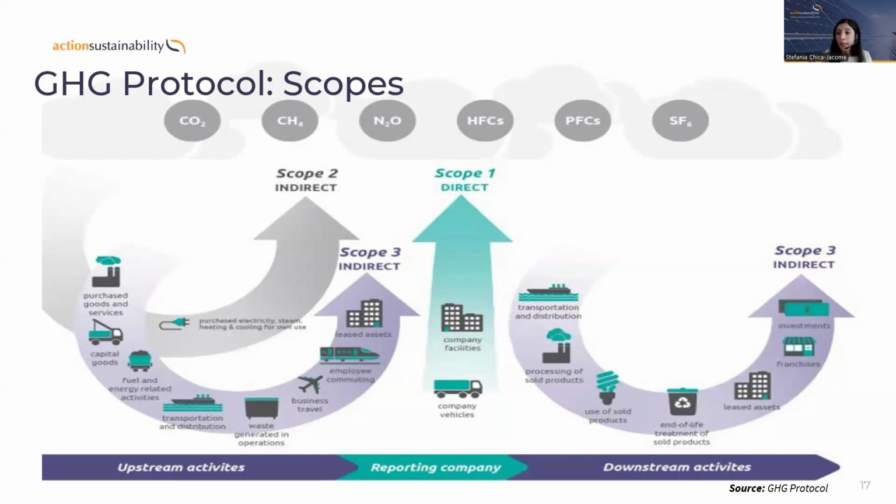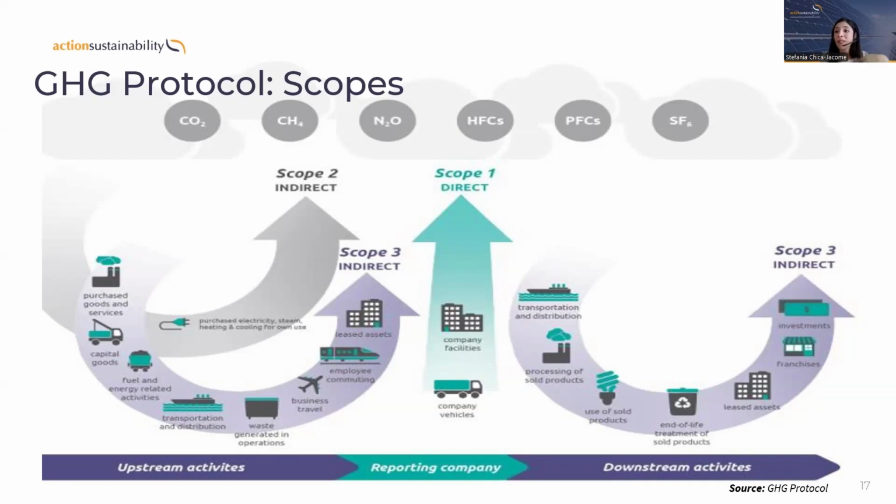Any other indirect emission that is not electricity is going to fall under your scope 3, okay? And this can happen upstream, as you're seeing on the left-hand side in purple, or downstream, as you're seeing on the right-hand side, also in purple. What is the difference between upstream and downstream scope 3? Well, put it very simply, upstream is everything you need to produce your products.